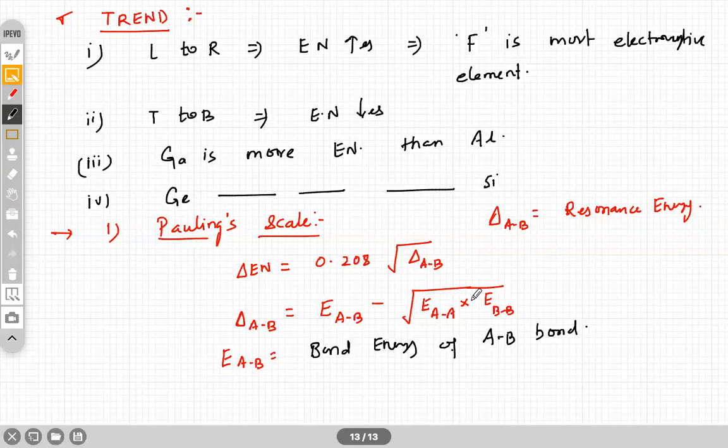Okay, got it. So for fluorine, the electronegativity is 4, according to the Pauling scale.